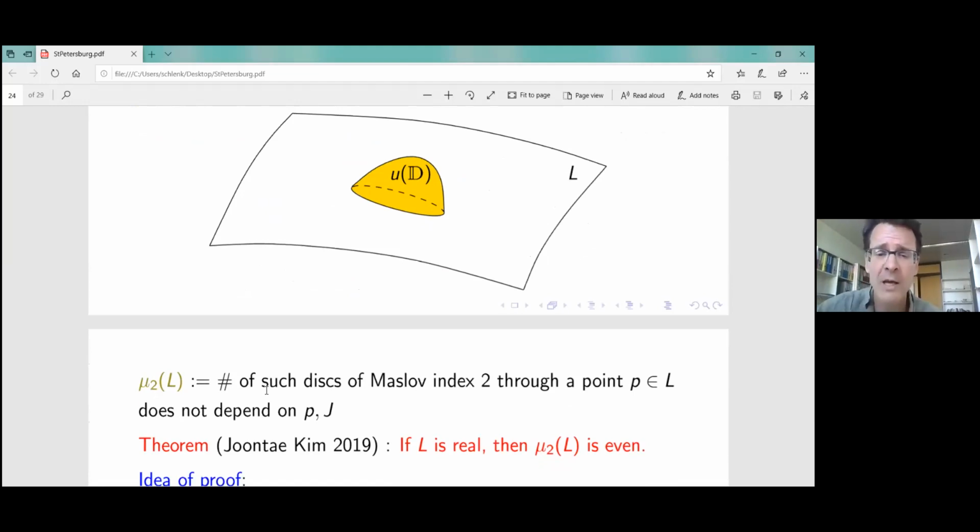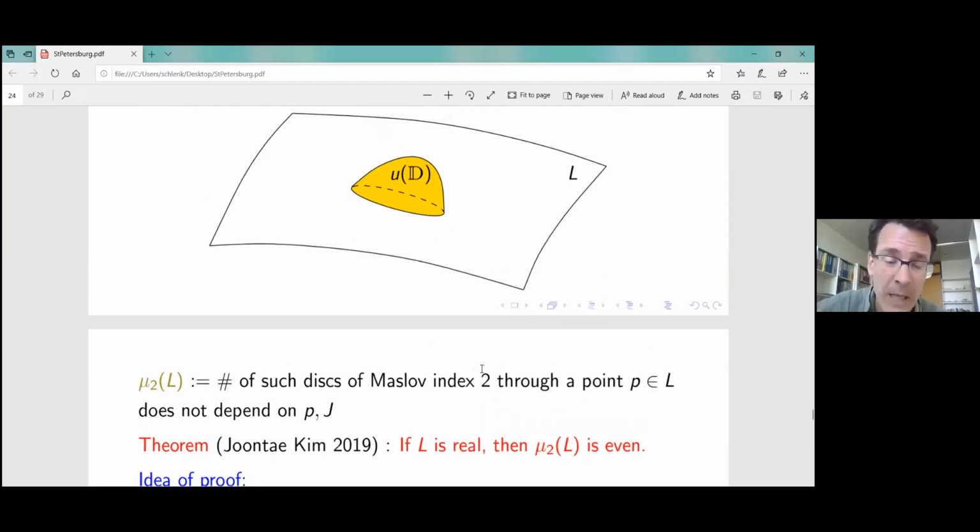There will be no bubbling. So the count of disks of Maslov index 2 that are holomorphic for a generic J, through a given, maybe generic, point, this is what we take as our invariant. The mu_2 is the Maslov 2-disk count through a generic point.